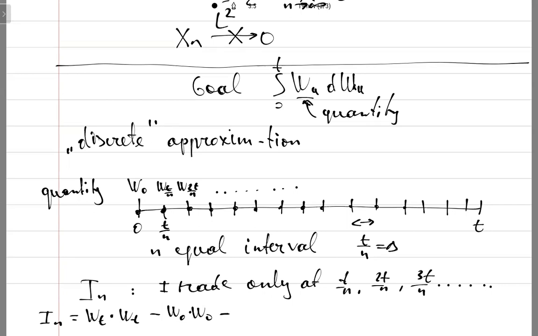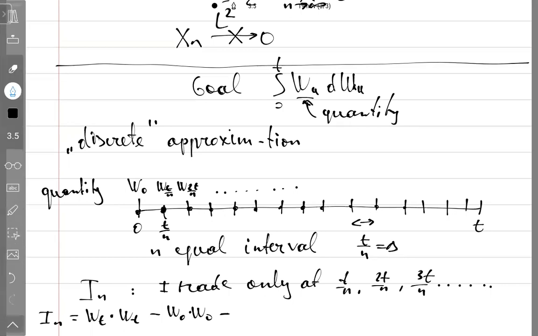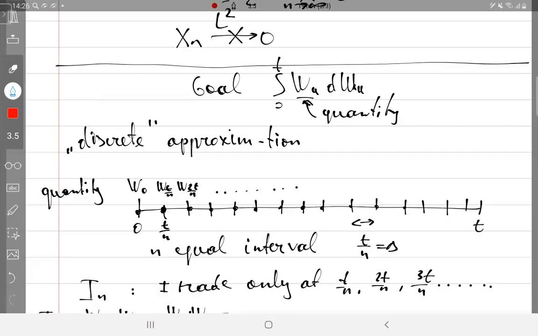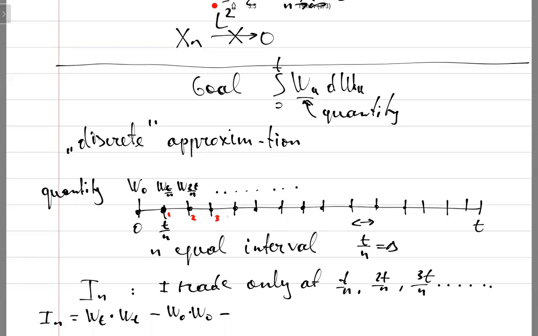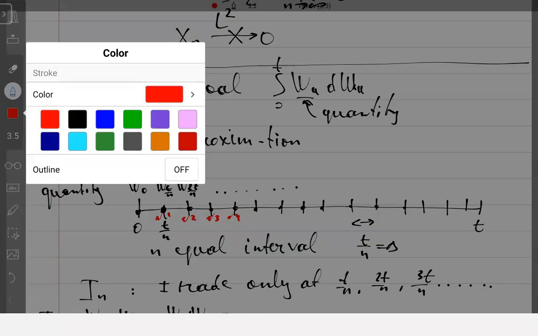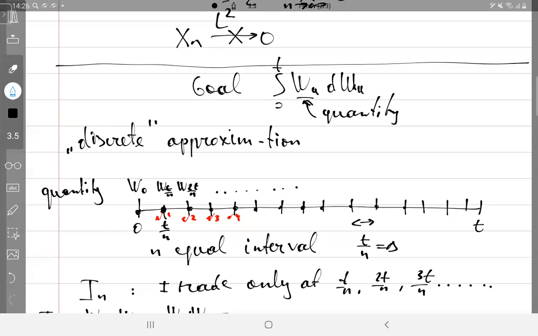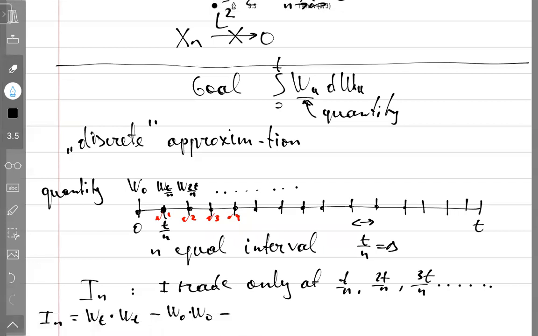Imagine the first transaction point, number 1, number 2, number 3, number 4. At the first transaction point, how many cups should I buy? I have W0 cups.